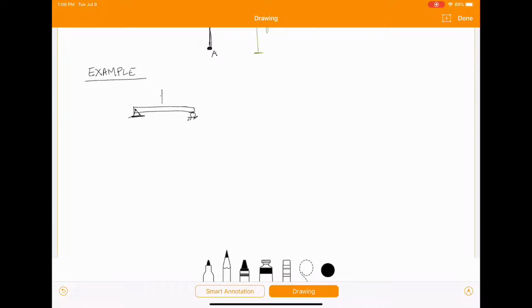All right, and let's just say we have 10 pounds. And the length of this beam, we'll just say is 20 feet, so it's 10 feet to the force and then another 10 feet. And we'll call this point A over here and point B over here.